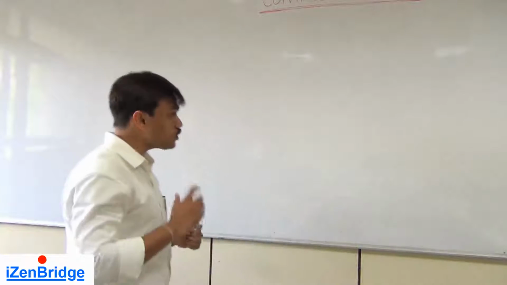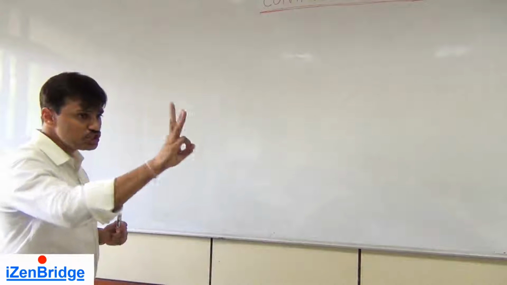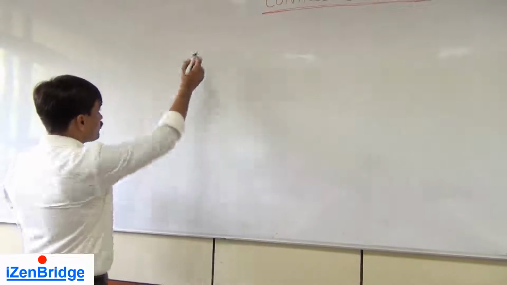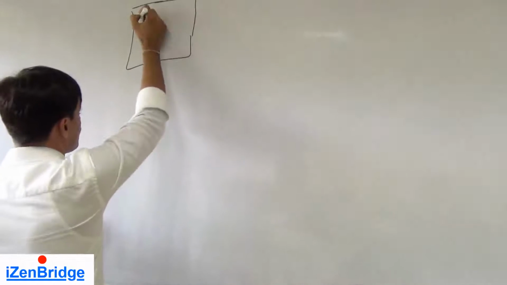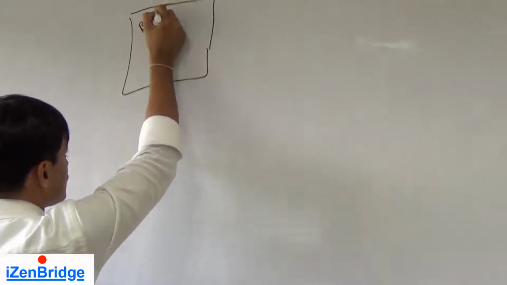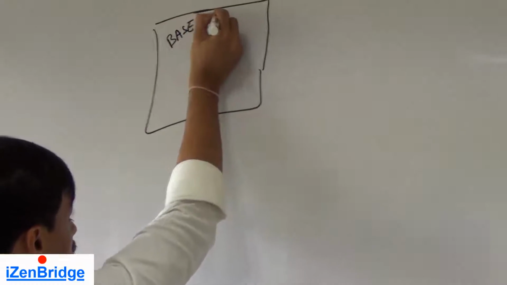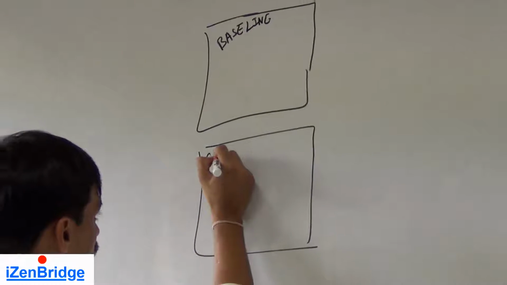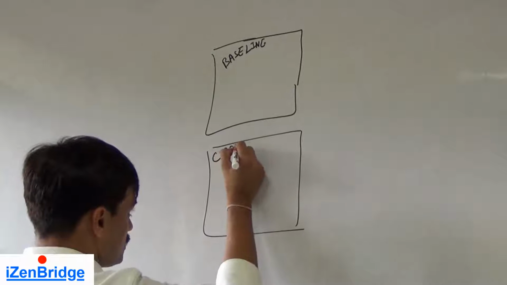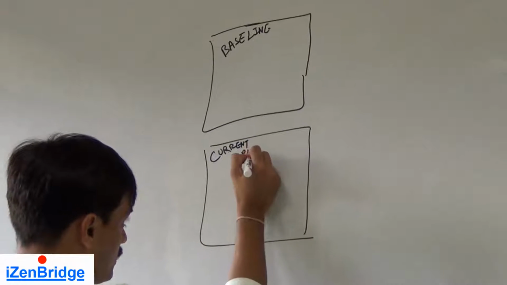In order to control and monitor the schedule, we need 3 types of input. The first input tells us what our baseline is. The second input talks about what our current plan is.